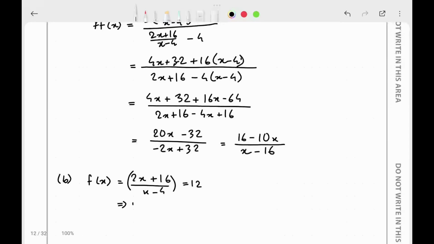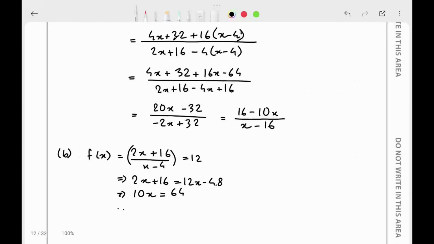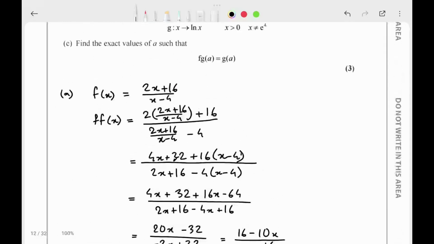So let's solve this. There's another method that you can use: you can find the inverse of f of x, and then input the value 12 instead of x in f inverse of x. But that's a lengthy process.